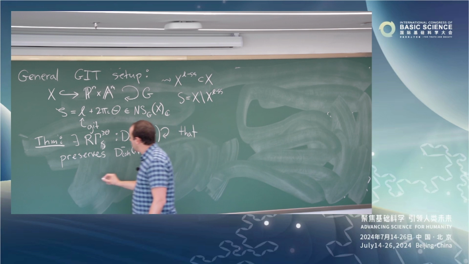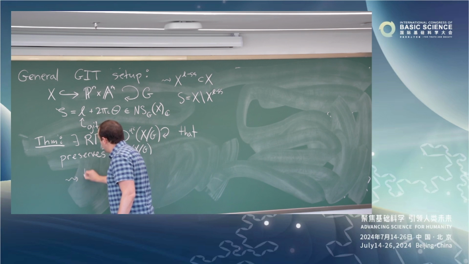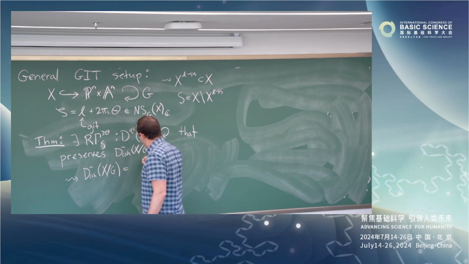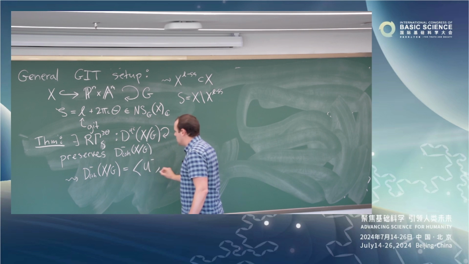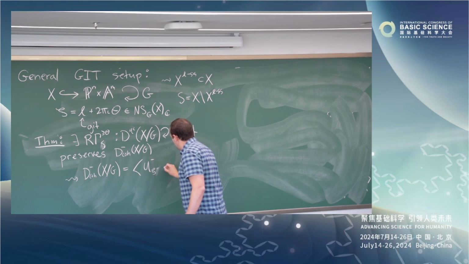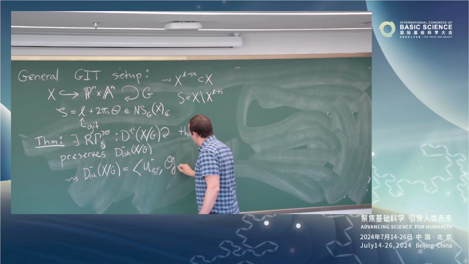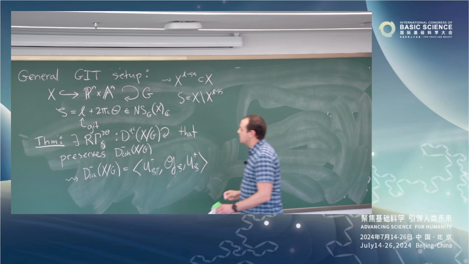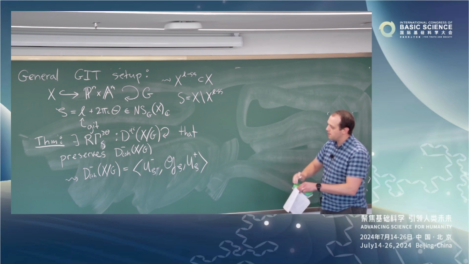It preserves D minus coherent, and it leads to a semi-orthogonal decomposition just like this one. So put the parameter there.